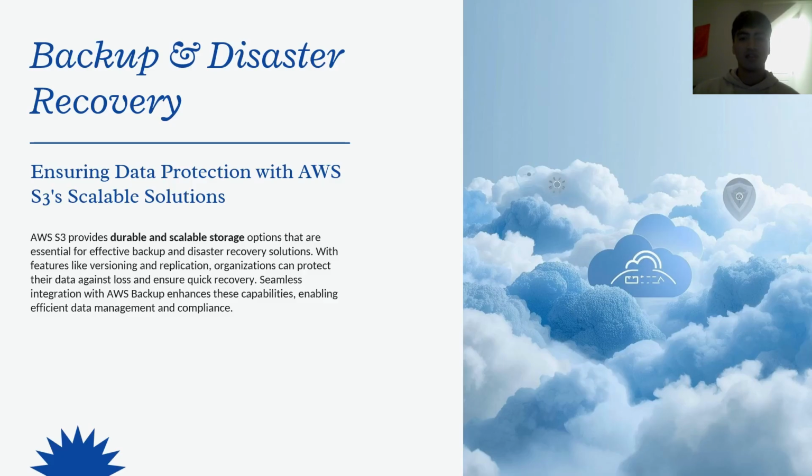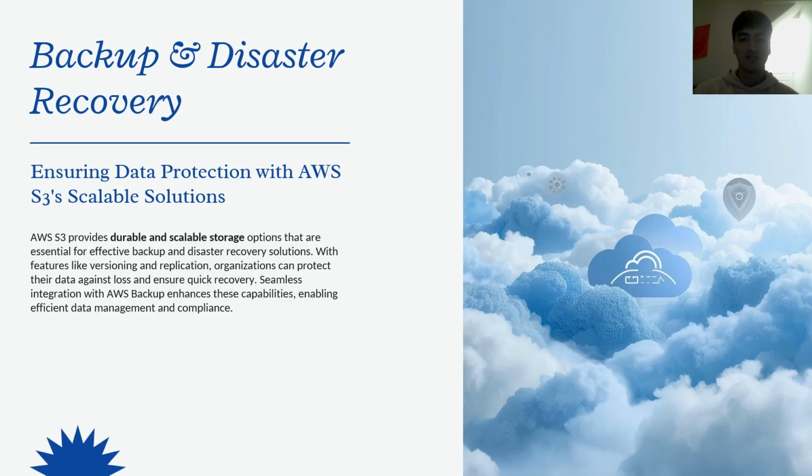One of the most important uses of Amazon S3 is backup and disaster recovery. Organizations constantly create critical data such as databases, documents, and application files. Losing this data could be extremely costly. S3 provides a reliable solution because it offers 11 nines of durability, meaning your data is automatically replicated across multiple devices and facilities.